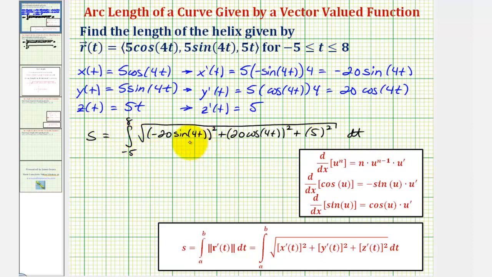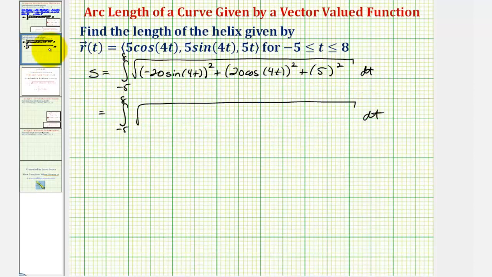We'll begin by simplifying this radicand. So if we square negative 20 sine 4t, since negative 20 squared would be 400, we'd have 400 sine squared 4t, plus if we squared 20 cosine 4t, we'd have 400 cosine squared 4t.